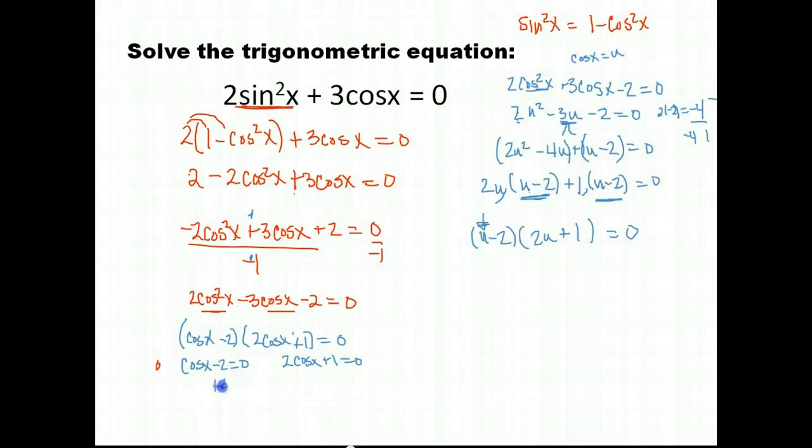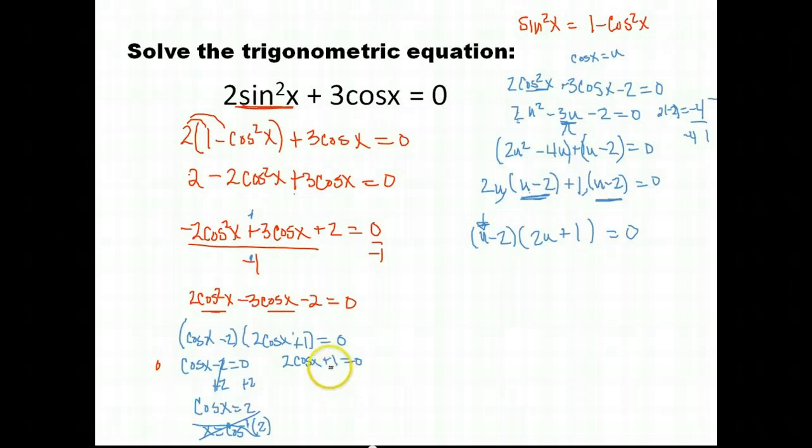Okay, so here I add 2 to both sides, and I get cosine x equals 2. If I try to do the inverse cosine here of both sides, remember cosine can never be greater than 1, and if you try to do the inverse cosine of 2, you'll get an error. So this answer over here actually gave me an invalid answer, so there's no answer coming from this one.